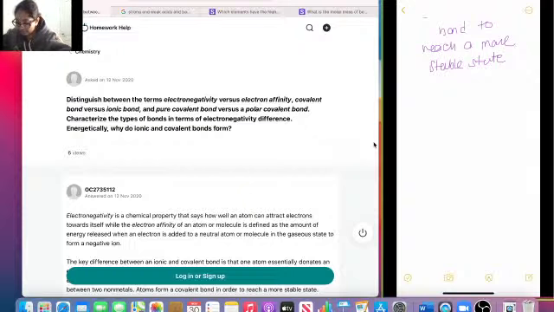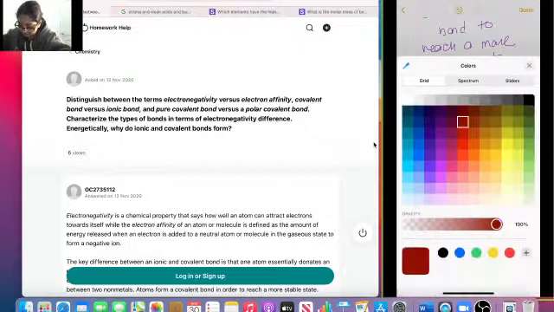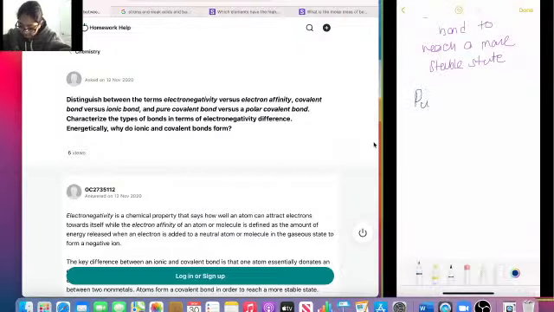Okay, so your pure covalent bonds are where the electrons are shared equally.